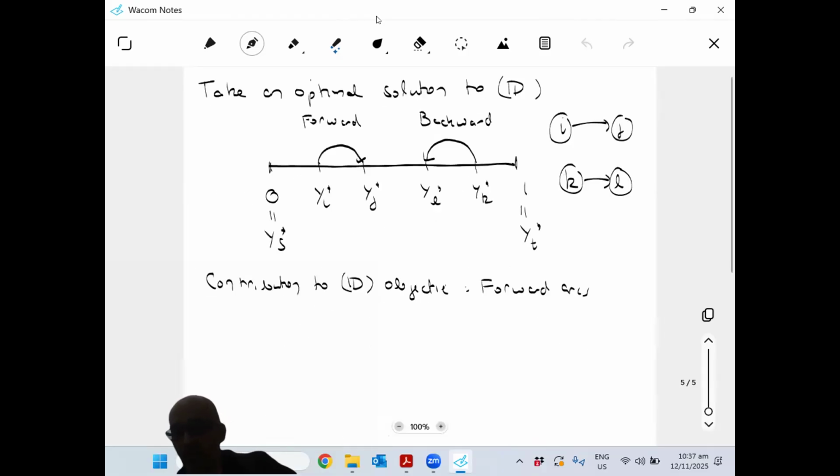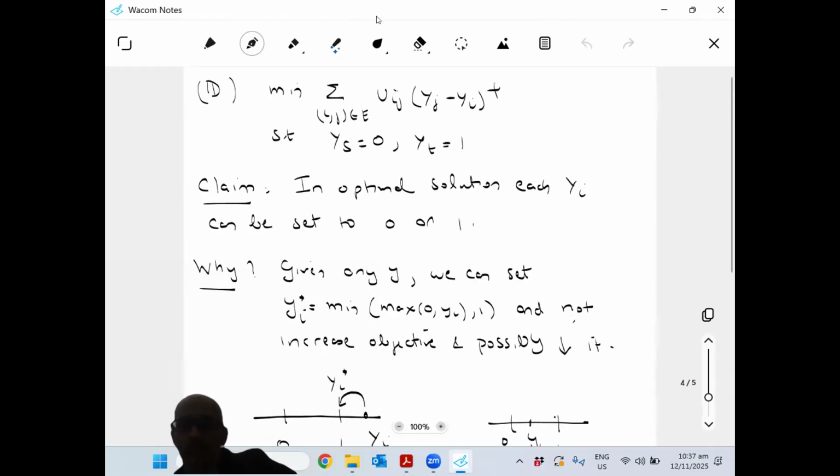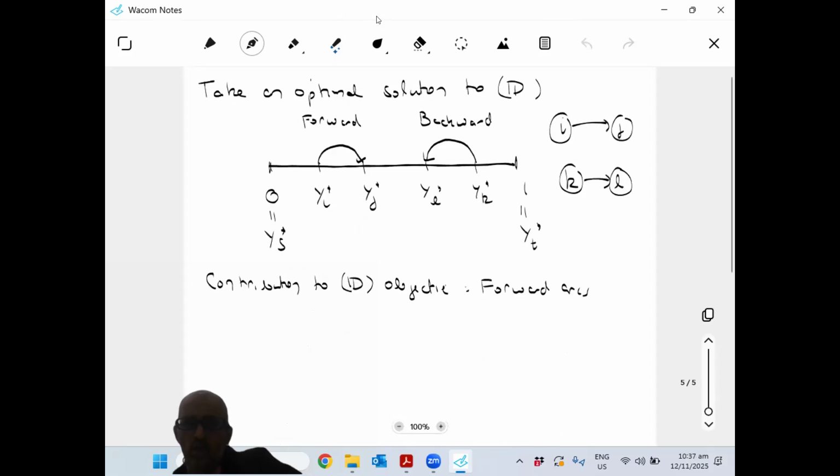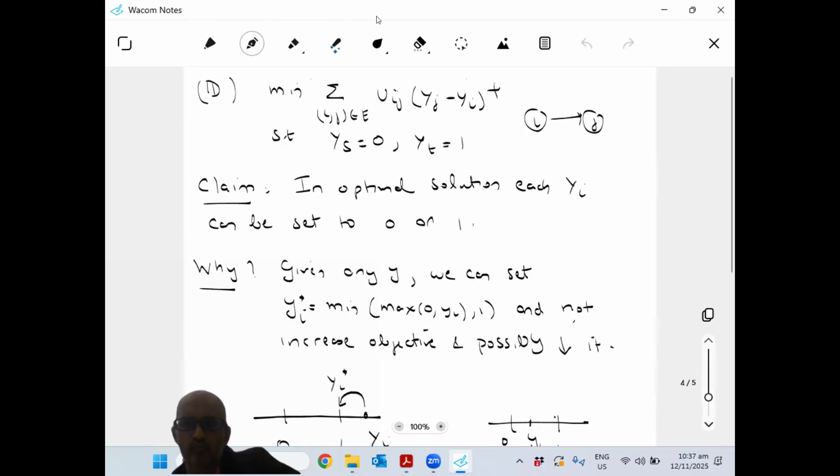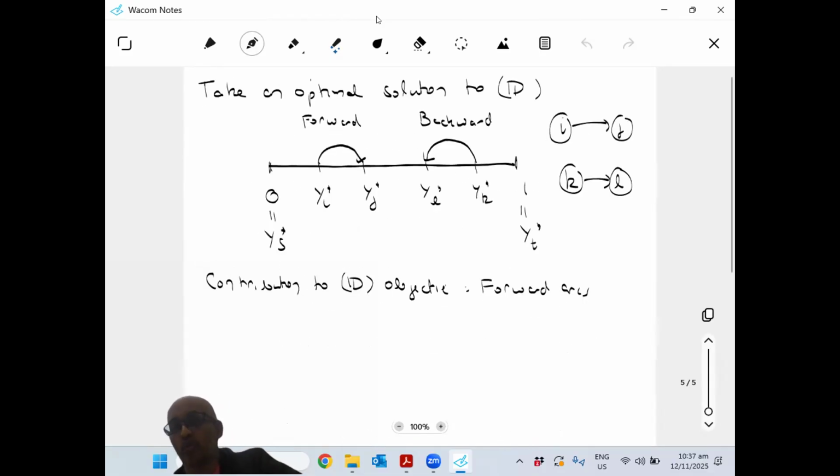So this is an edge. But in this example, the contribution could be yl minus yk. So this is from i to j, and this will contribute a positive part.